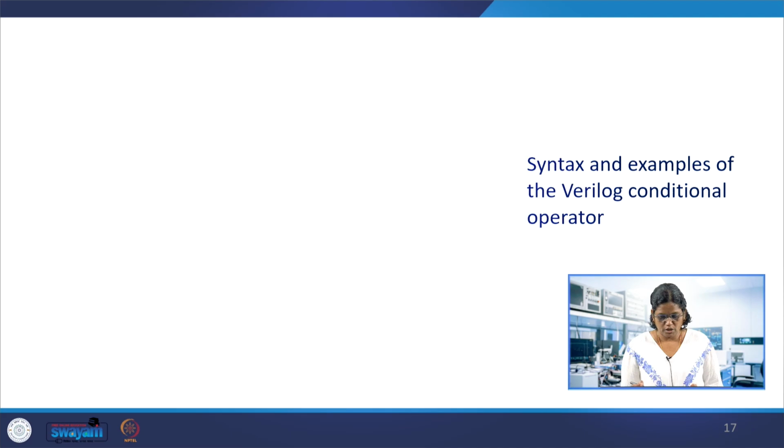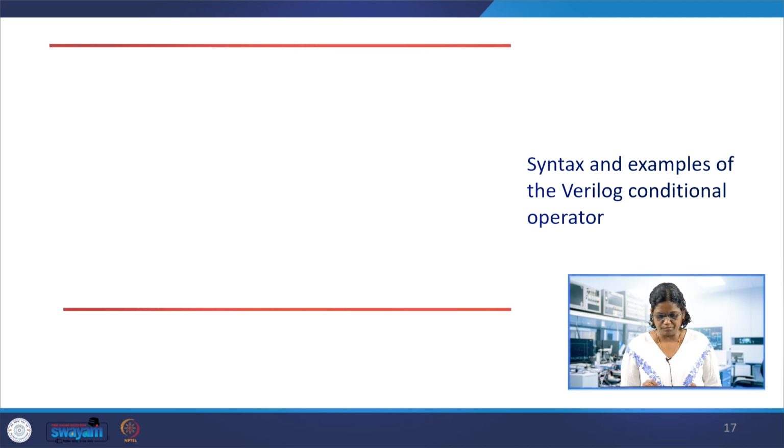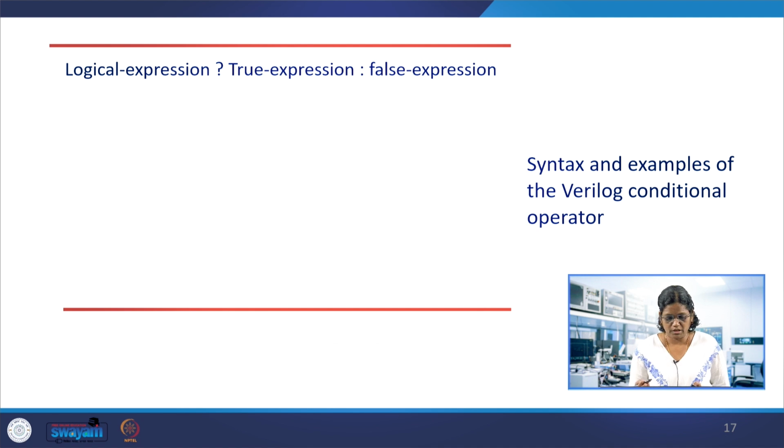So the structural and data flow models also exist, and how do we use this in the case of a behavioral description? One syntax which I would like to introduce, because we are dealing with a multiplexer here, is the ternary operator of Verilog, which is useful.